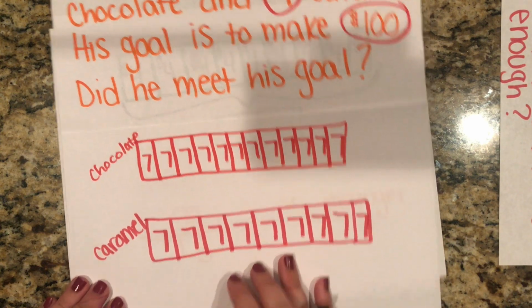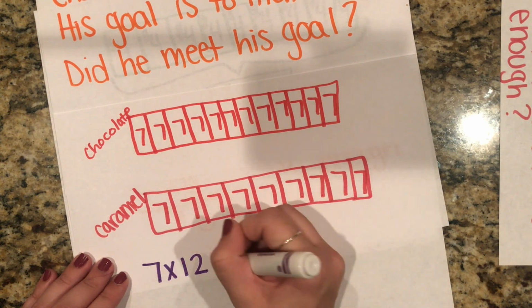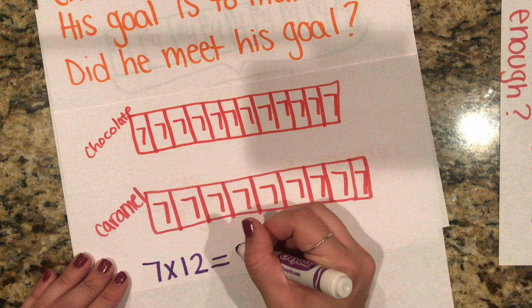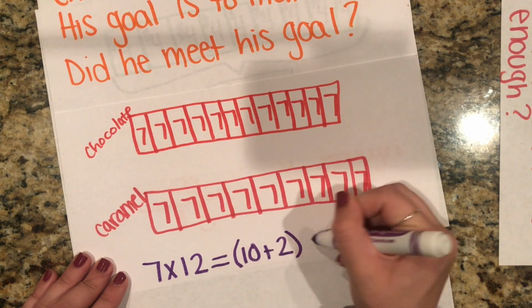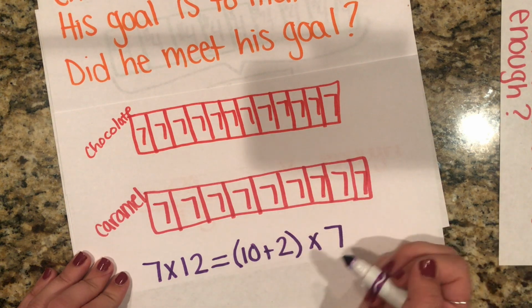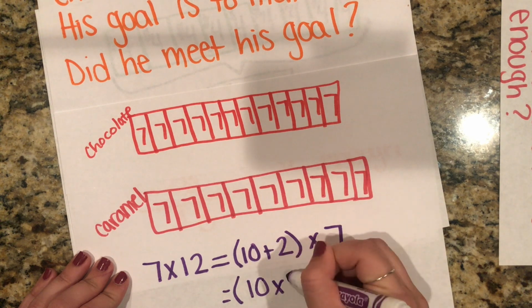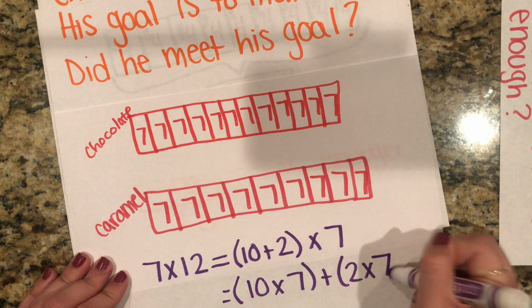And I can break 7 times 12 up so that it's easier for me to solve. So I know that 12 is the same as 10 plus 2, times 7. And then down here, I'm going to break it up again into 10 times 7 plus 2 times 7.